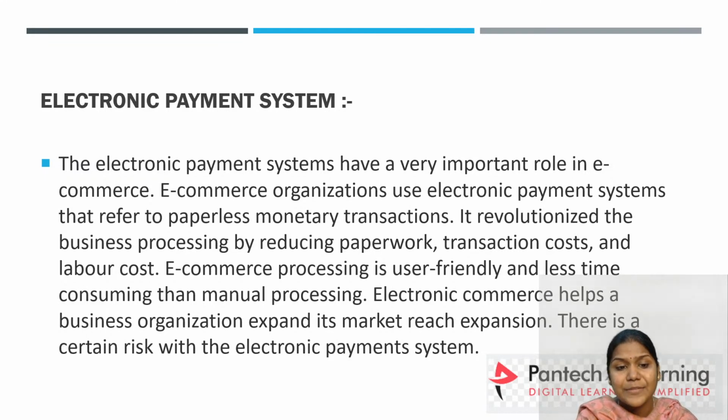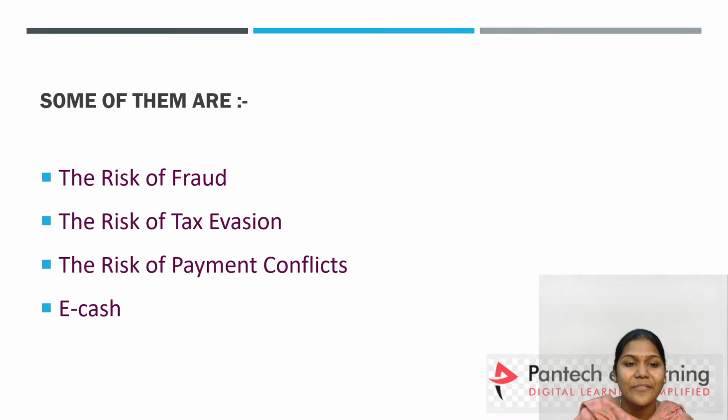Electronic commerce helps a business organization expand its market reach. There is a certain risk with electronic payments as well. A few of them are risk of fraud, risk of tax evasion, and risk of payment conflicts. So these are the different risks which are also available with electronic payments.